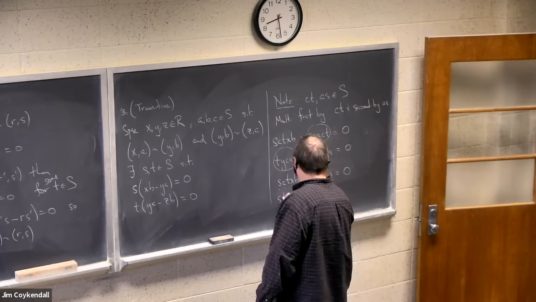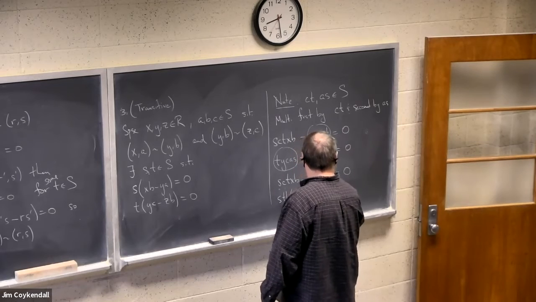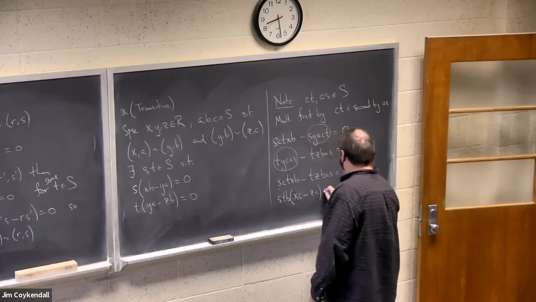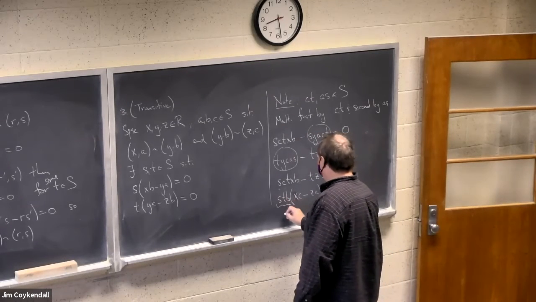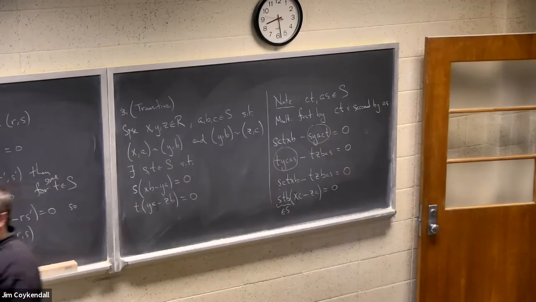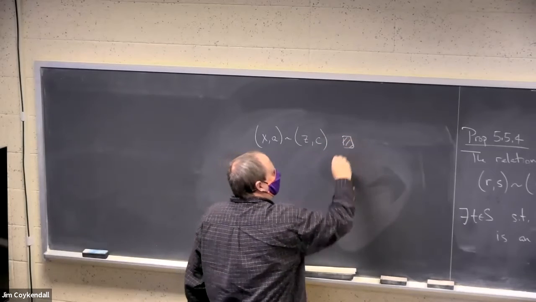So I get STB times XC minus ZA equals 0. And of course, STB is in S. So that's a big fat thing in S. And so what do we get? So it's equivalent.